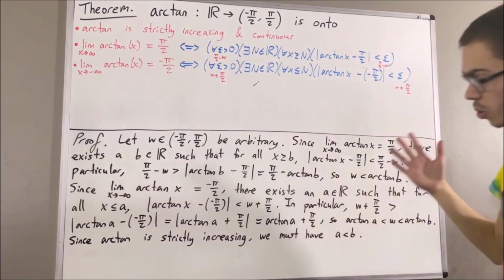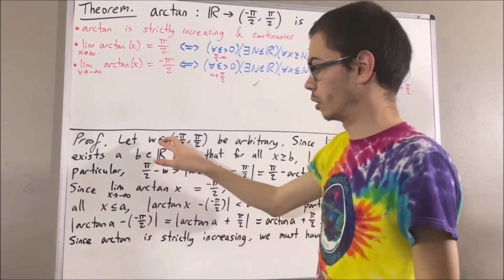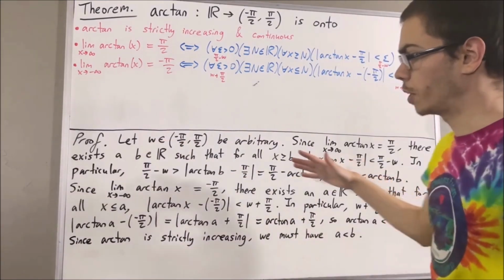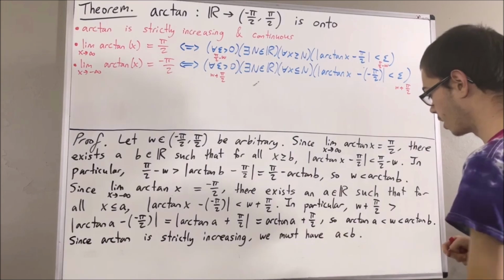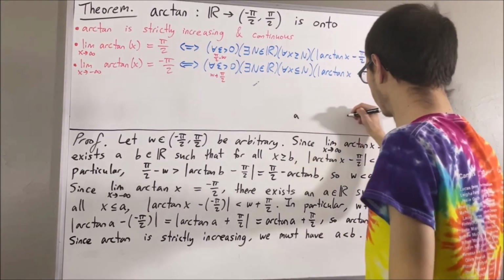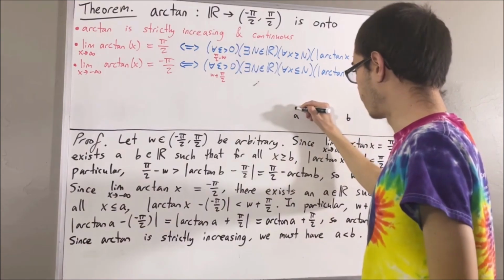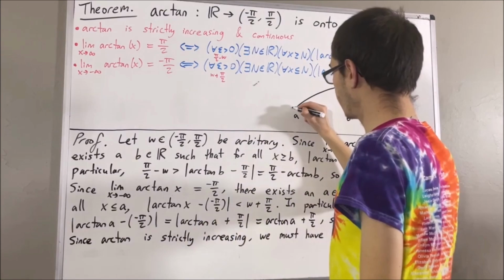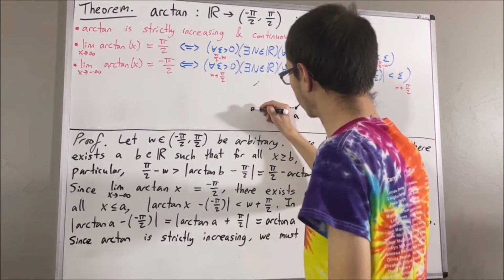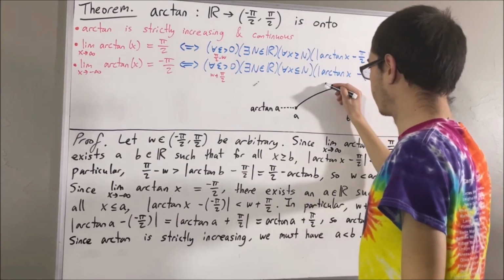Now remember, the whole goal has been to find a real number c such that the arctangent of c is equal to w. To see how we could find that real number c, let's visualize the graph of arctangent between a and b. Since arctangent is a strictly increasing function, maybe the graph looks something like this. So this is the arctangent of a, and this is the arctangent of b.